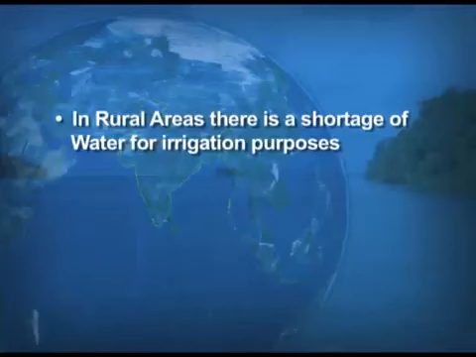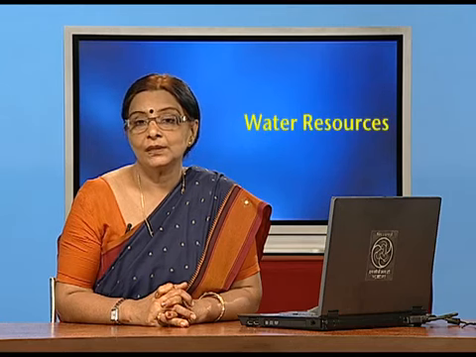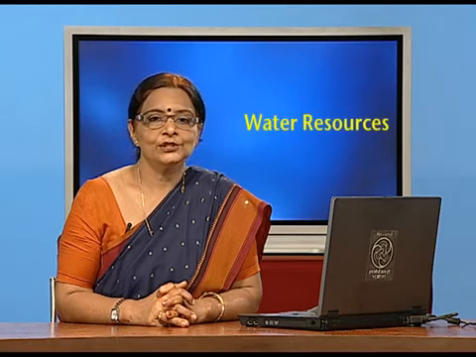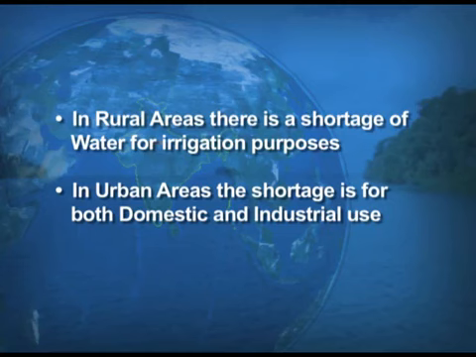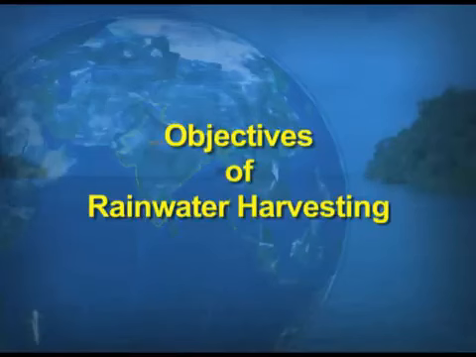Because we have already discussed that the groundwater is nothing else but the rainwater which percolates through the ground, through the pores, through the type of rocks we have in certain areas. In the rural areas, there is a shortage of water for irrigation purposes. And when we talk about the urban areas, there is a shortage of water both for domestic and industrial purposes.